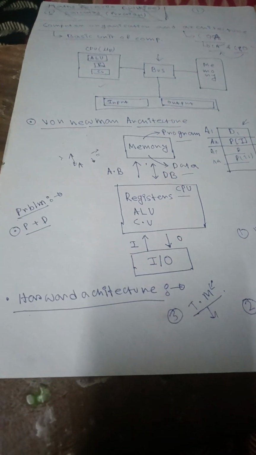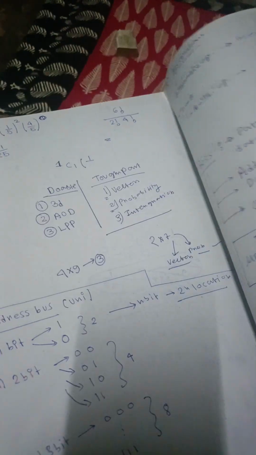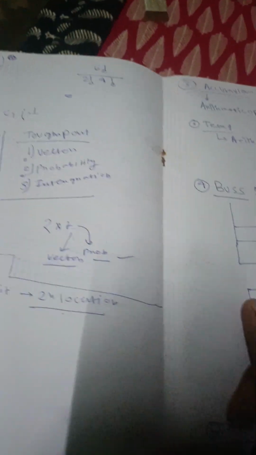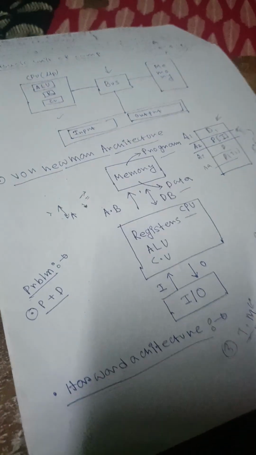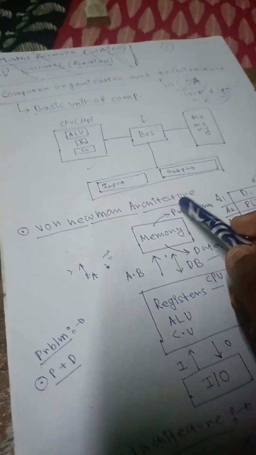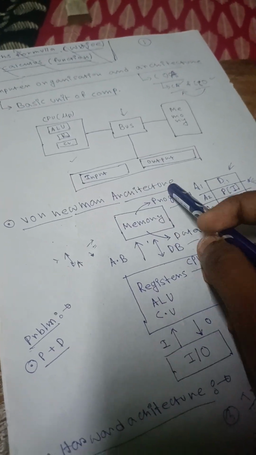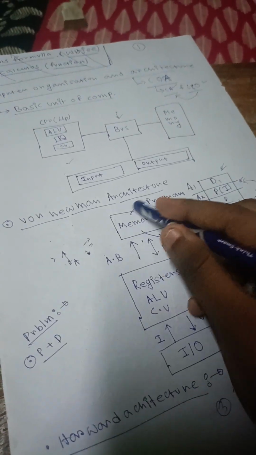Then there is Harvard architecture. What does Harvard architecture do? There is a problem in von Neumann architecture: programming and data are both in one memory.